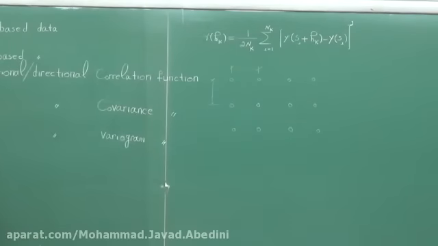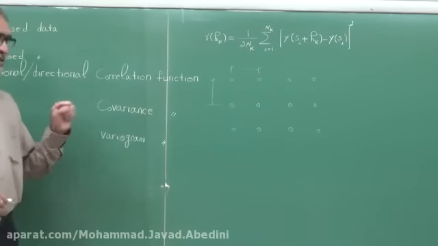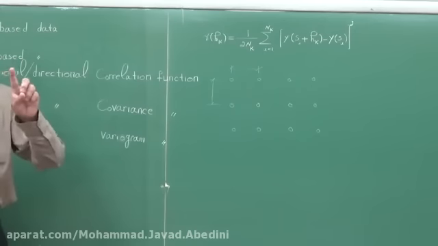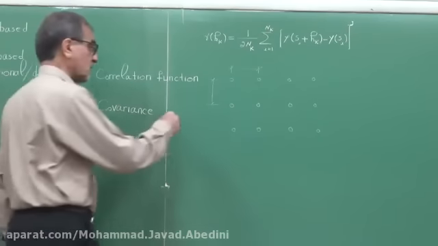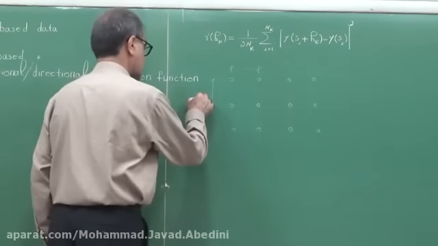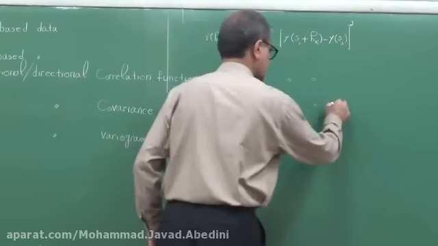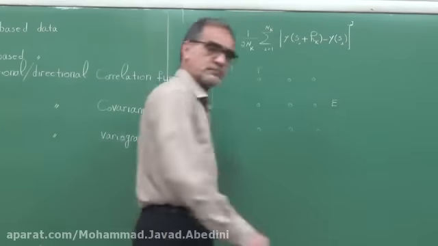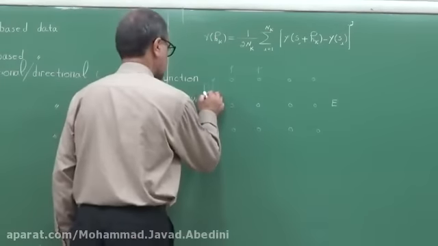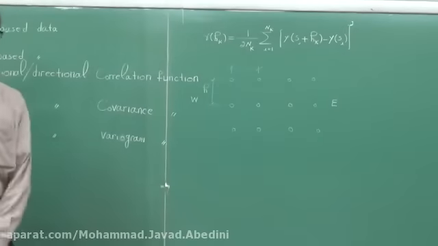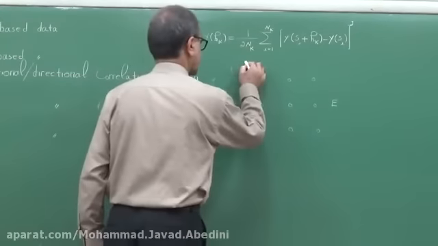If you are asked to tell your audience this question, what is the number of pairs whose separation distance is h and they are in east-west direction? This is east-west direction. This is west, and this is east. And then that is the grid spacing, which is the same as this.